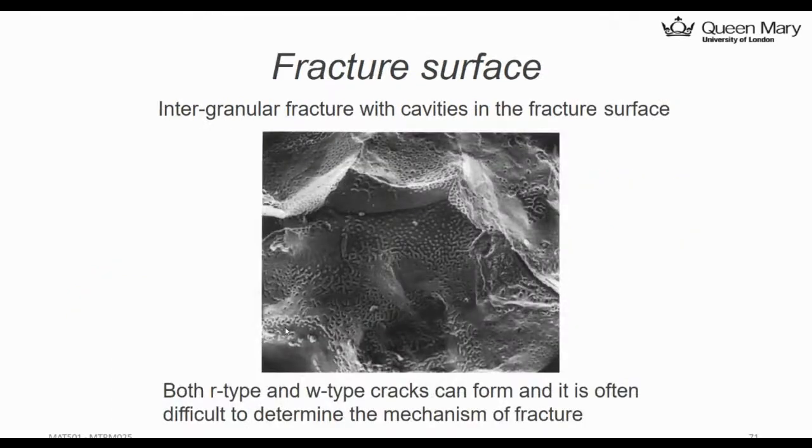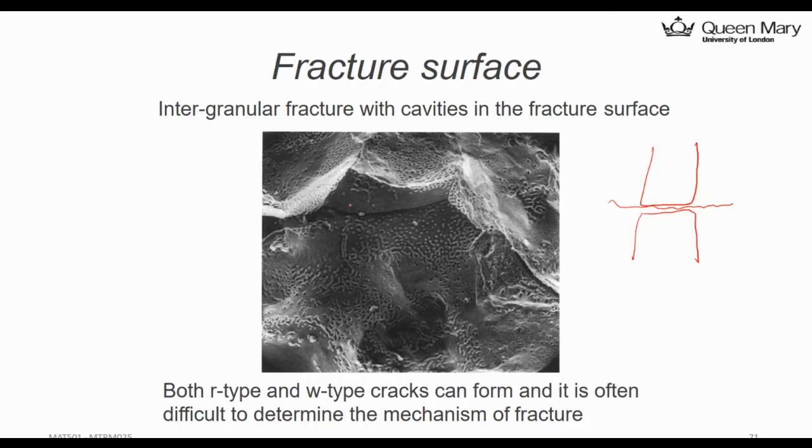Now, this is a typical fracture surface, where you can see the intergranular fracture with cavities in the fracture surface. Intergranular fracture is like inter-grain. So you have the grain here, and the fracture will go through here.